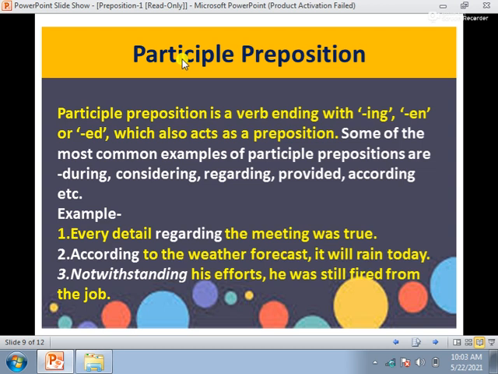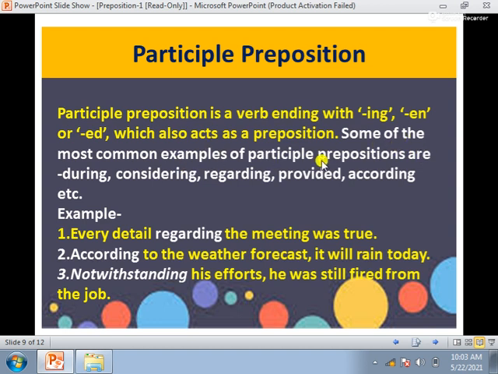Then another one, that is the participle preposition. With the term participle, you can understand that it is a present participle or past participle. So a participle preposition is a verb ending with ing, that means present participle, or en or ed, that means past participle, which also acts as a preposition. So sometimes the participle can also work as a preposition.